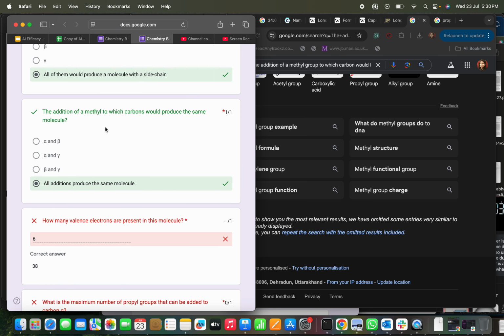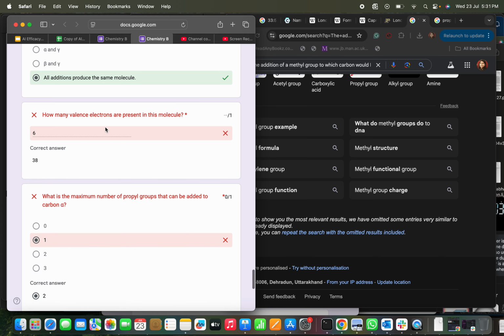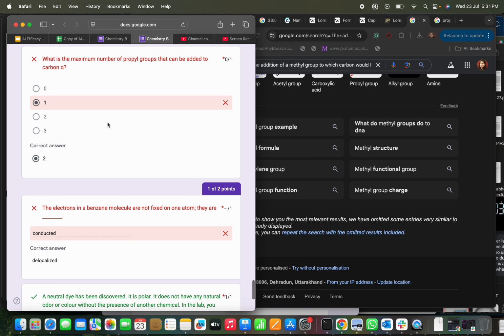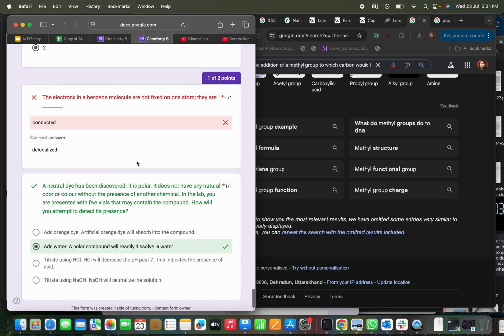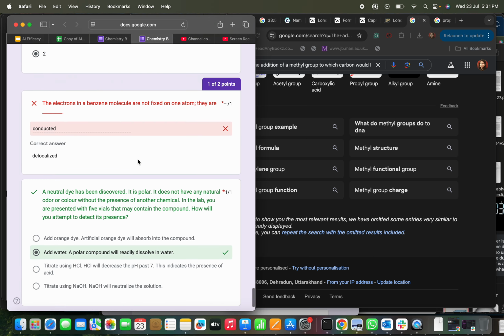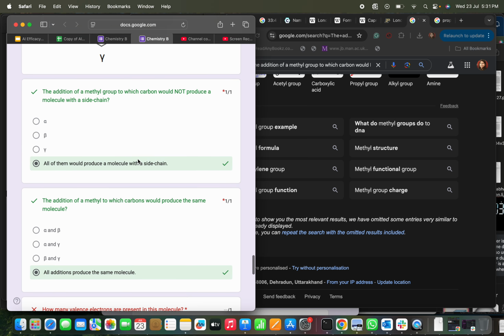Okay, what is the maximum number of propyl groups? So that I know, the benzene ring has delocalized conjugation. I have to understand how.